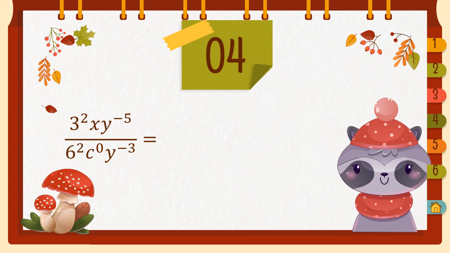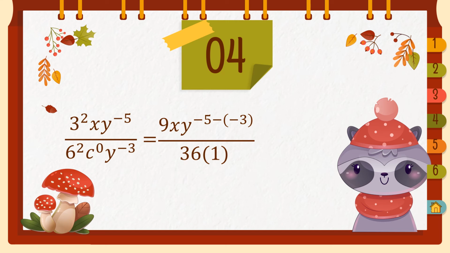3 squared x, y, negative 5 divided by 6 raised to the 2nd power, c raised to 0, y raised to negative 3. So, this will become 3 times 3. You need to multiply this one itself twice. So, 3 times 3, that is equal to 9.